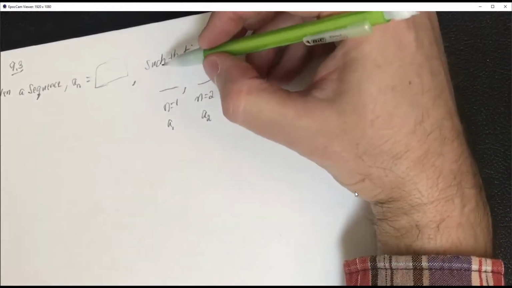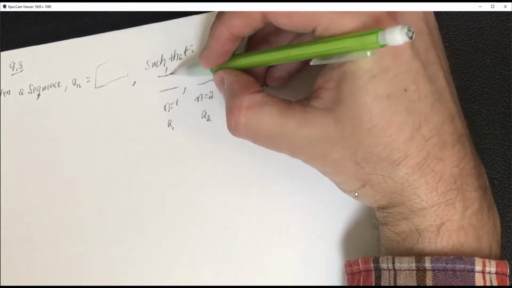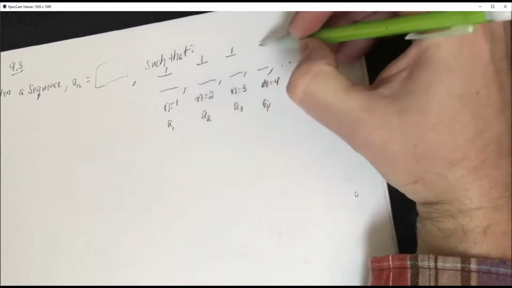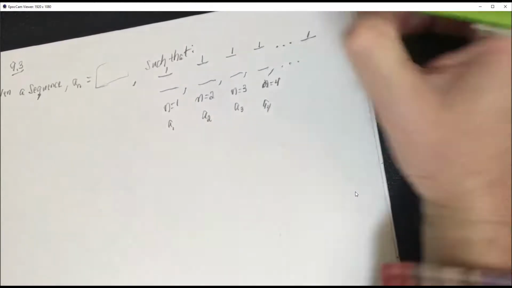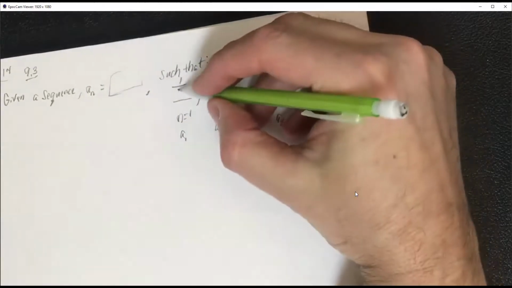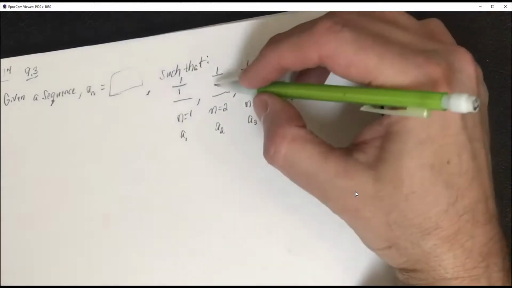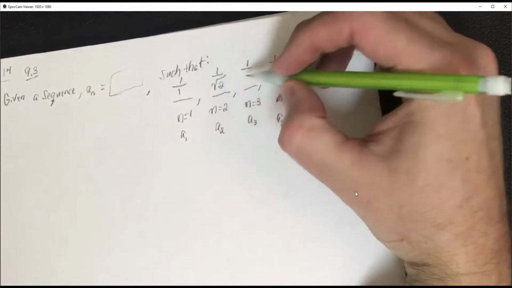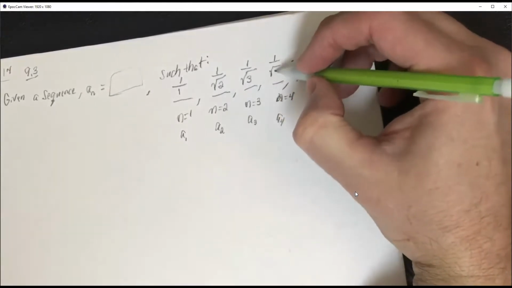Now, the numbers given to us were, you can't see it, but all of them were 1 over. And it was 1 here only. And the author did that on purpose to try to mess with us a little bit. And then it was 2, root 3 or radical 3, radical 4.